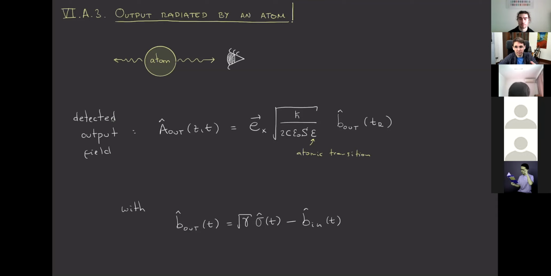And the reason is because half of the radiation is not coming into the detector, it's going away, so that part you don't see. So let me just write it down. This is half the one of the cavity.